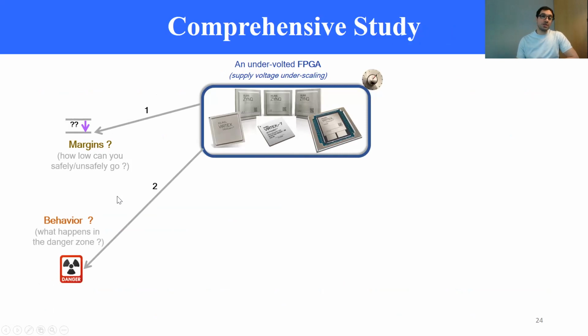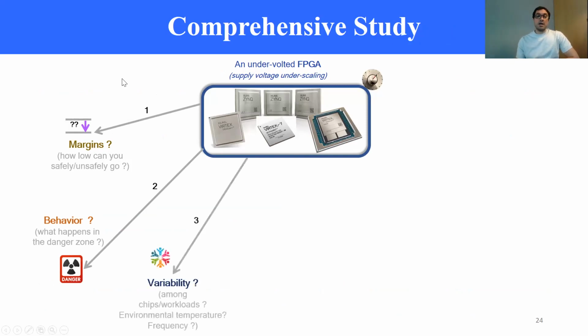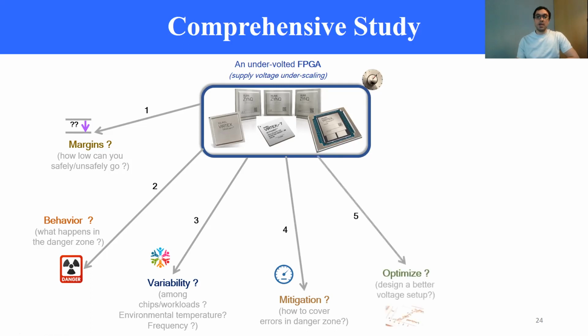We analyzed the behavior below this margin in even more detail in terms of characterizations for HBM, for SRAMs, and for the lookup tables. We analyzed variability, for example, for different workloads, not only machine learning, and for environmental temperature, frequency, etc. We proposed several mitigation techniques; I discussed ECC for SRAMs today, but there are more mitigation techniques that we have proposed and analyzed.